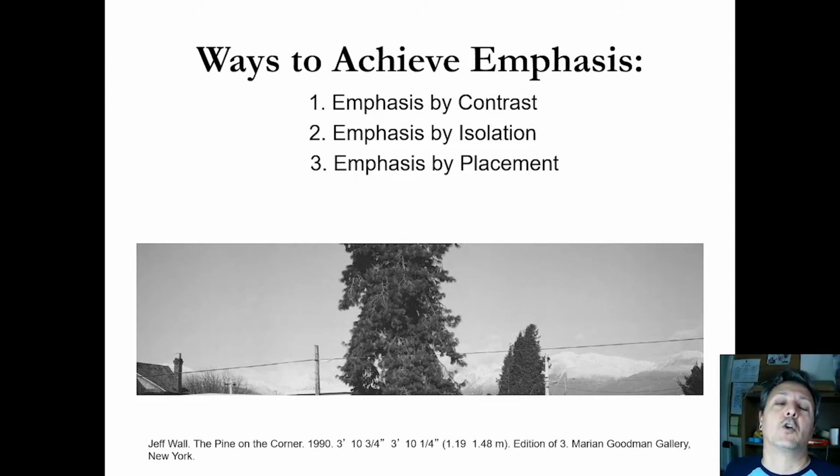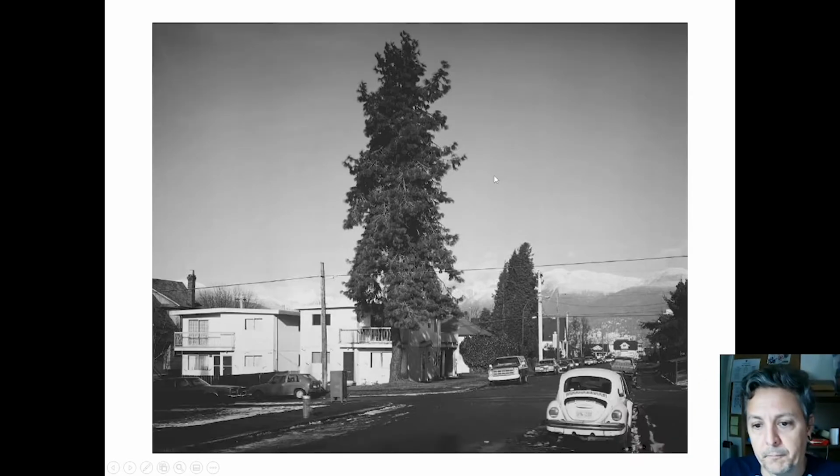You have crystallographic layout or format. That could be a pattern as well that extends beyond the picture plane. So those are forms of emphasis on the whole. The other ones that are more commonly used for advertisement or what have you are contrast, isolation, and placement.